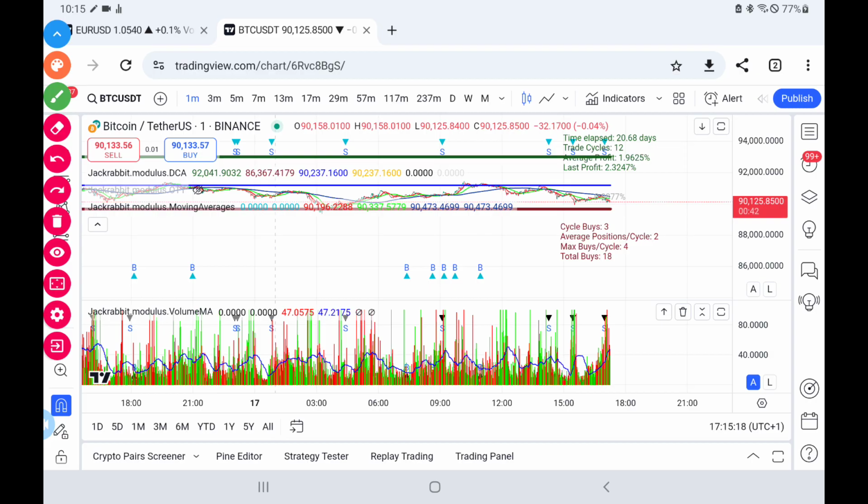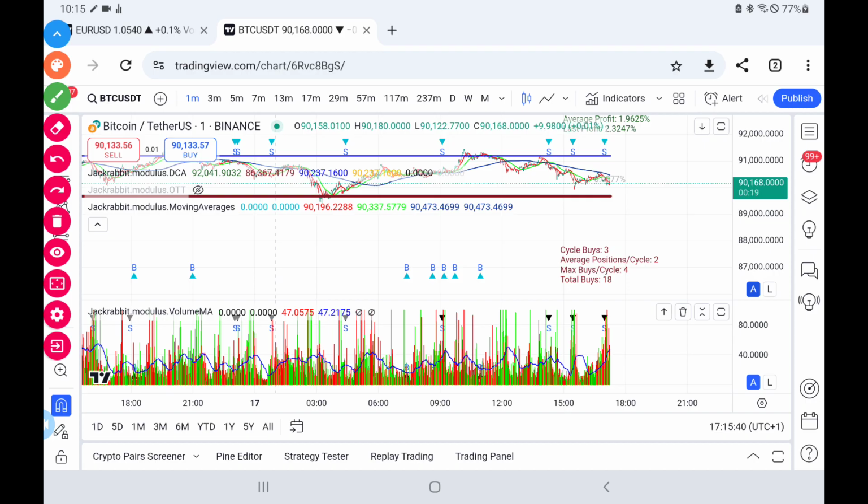And it still does exceptionally well, even if you're looking for more aggressive trading with a dollar cost average approach. Volume still works well with an average of 2 positions and a maximum of 4. So you can easily trade in a way that causes you to mitigate a huge amount of risk.